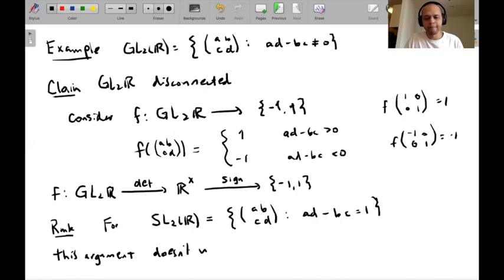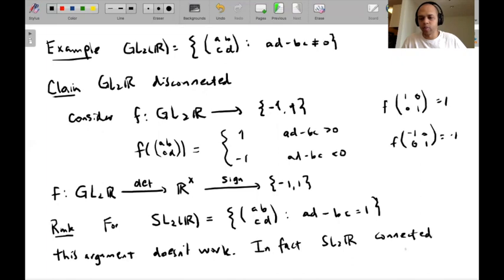Because, well, if the determinant is 1, if I just look at the image of SL2R under f, everything maps to 1. The determinant is always positive. So this map won't be surjective when restricted to SL2R. And in fact, SL2R is connected, and I think I'll try to put this on a later homework assignment.